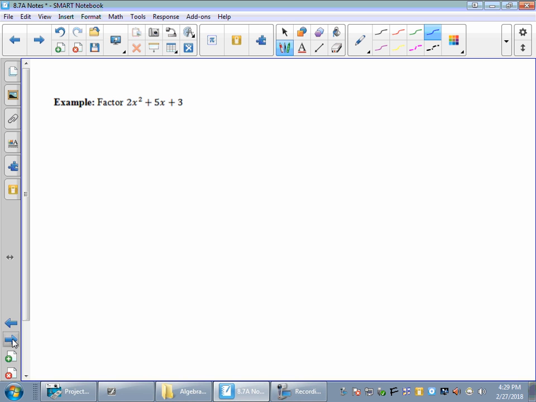All right, I'm going to start off by making a table. I know that I need the product on one side of A and C. Well, what is A in this problem? My coefficient of my x squared term. So my A is 2. C stands for constant.